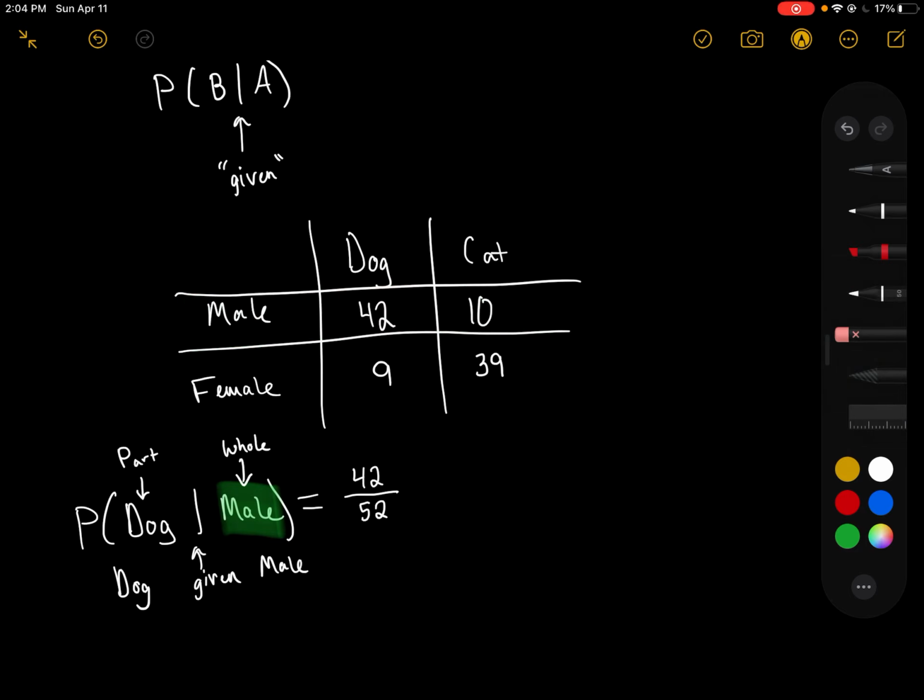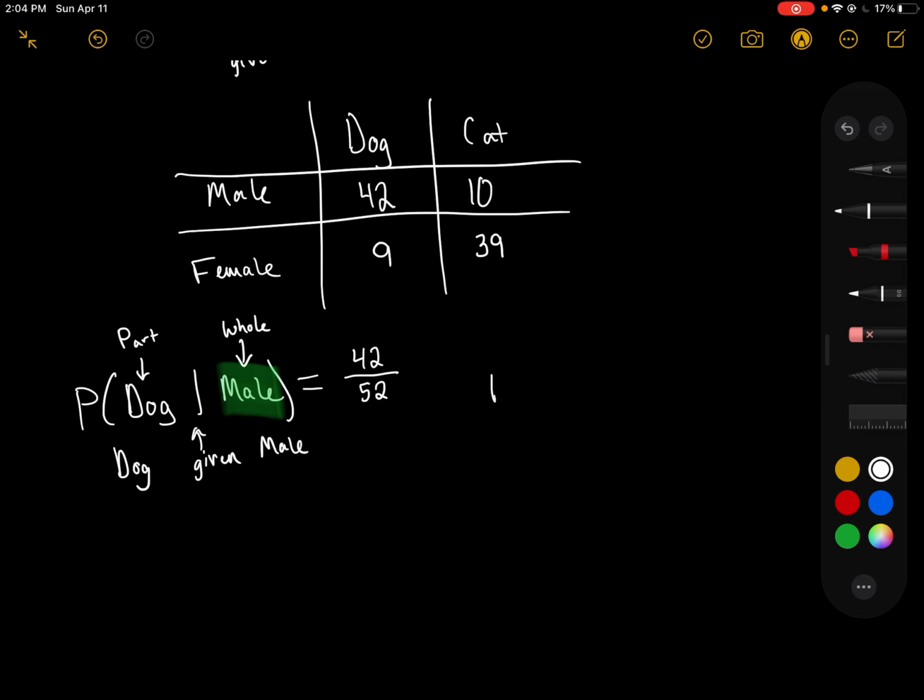We'll do maybe two or three more of these because these are definitely kind of confusing at first. We'll go through these one at a time. So let's do another one. The probability that you identify as female given you own a cat. First, let's zero in on what is our part, and second, what is the whole?